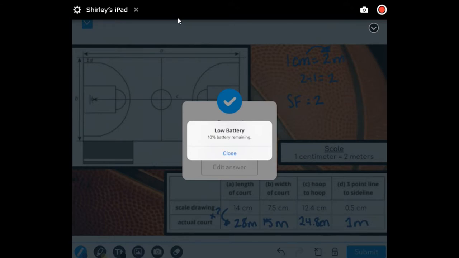Some of your classmates are in the process of writing, so I'm going to give them a few more seconds to finish up what they are writing. You guys are all on the right track, though. Perfect answers.